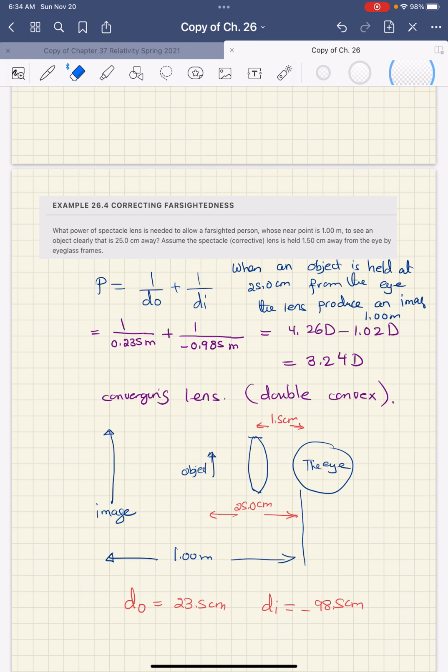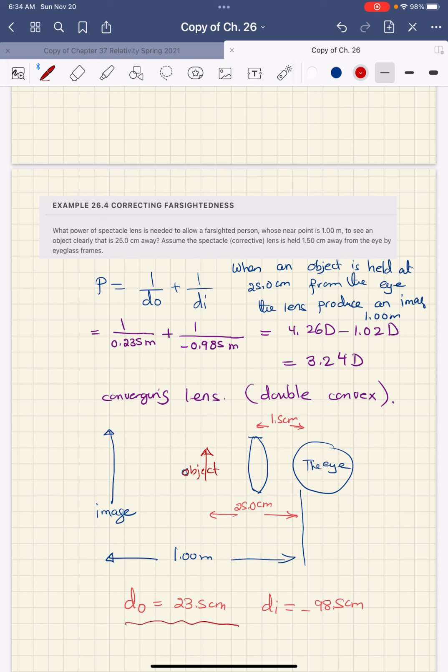The diagram is very helpful. Again, the object is here, which is at 25 centimeters from the eye, and the lens is 1.5 from the eye, and the image is forming somewhere here at 1 meter from the eye. We need to find the distance of the object.